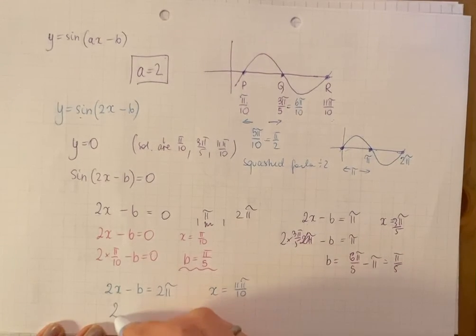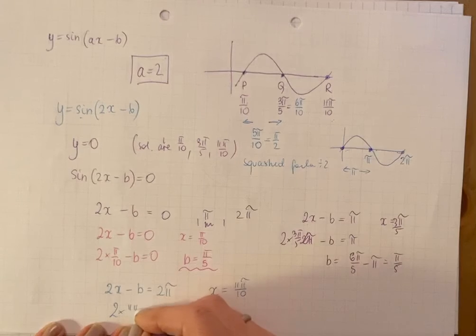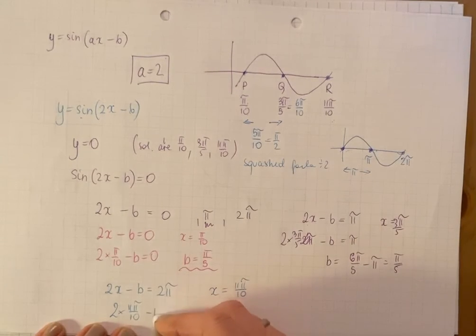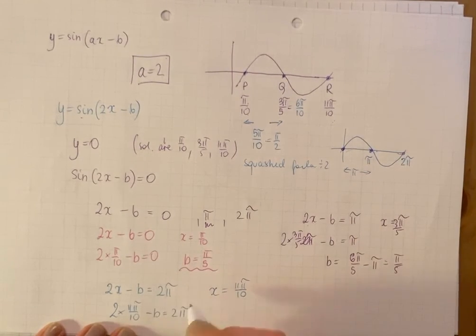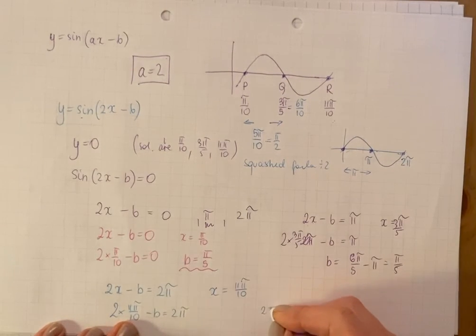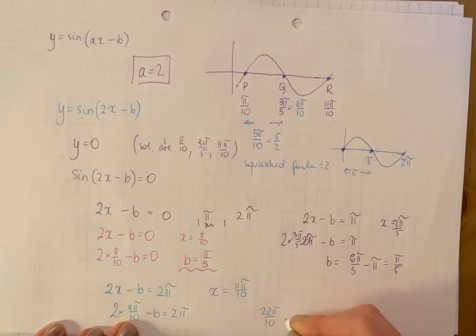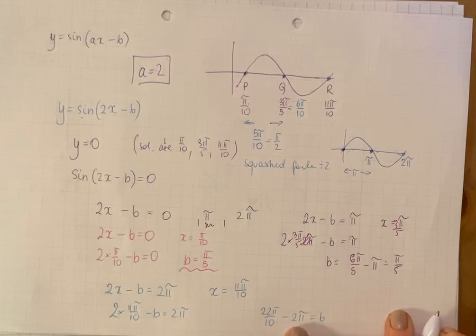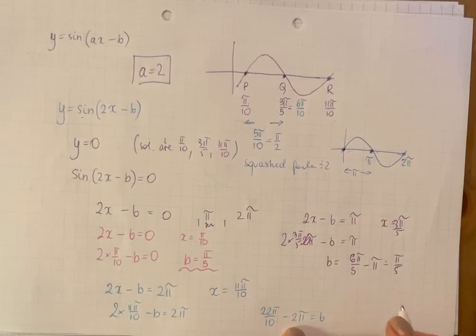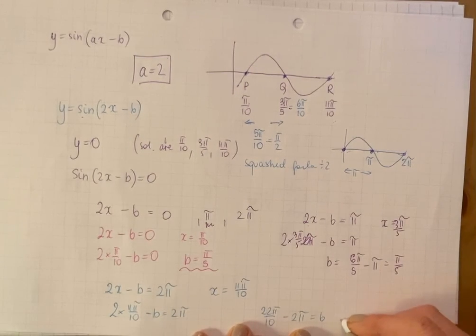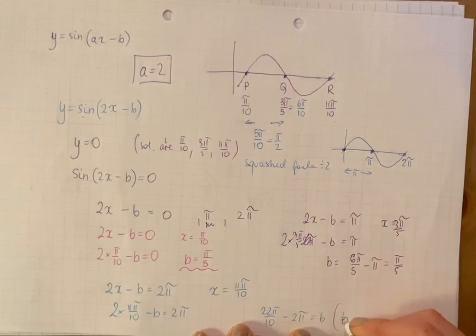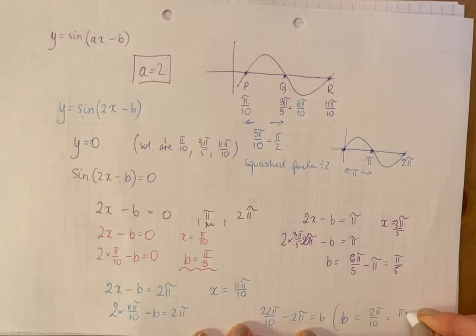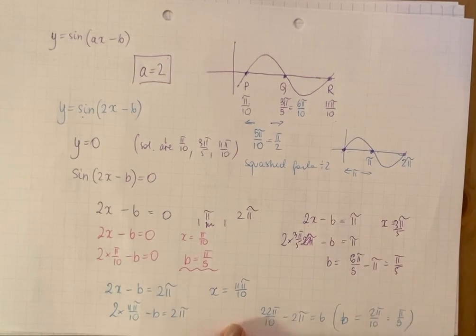So 2 times 11 pi over 10 minus b is equal to 2 pi. So this is 22 pi over 10 minus 2 pi. That's what my b is. Let's just check. So this would be 20 pi over 10, so b is equal to 2 pi over 10, which is pi over 5. So I hope that helps.